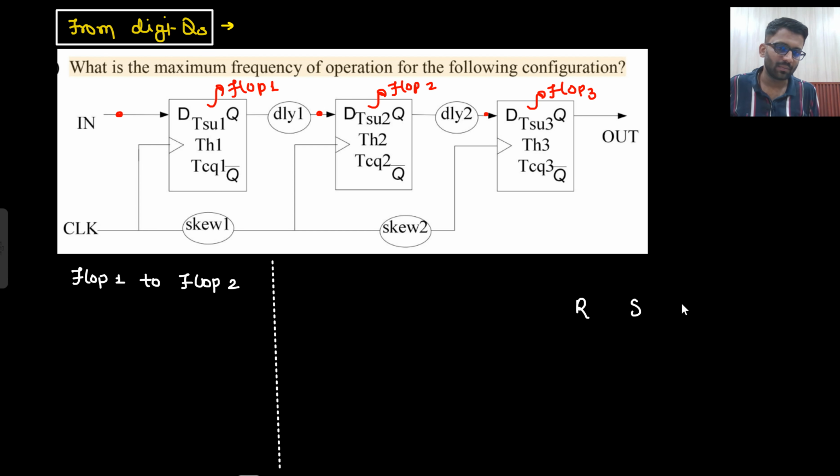Ram can go to Shyam directly and Shyam can go to Mahesh directly. There is no direct connection between flop 1 and flop 3. Are you getting this point? A lot of people will be getting confused here. So I am going from flop 2 to flop 3, not from flop 1 to flop 3. Okay. So flop 2 to flop 3.